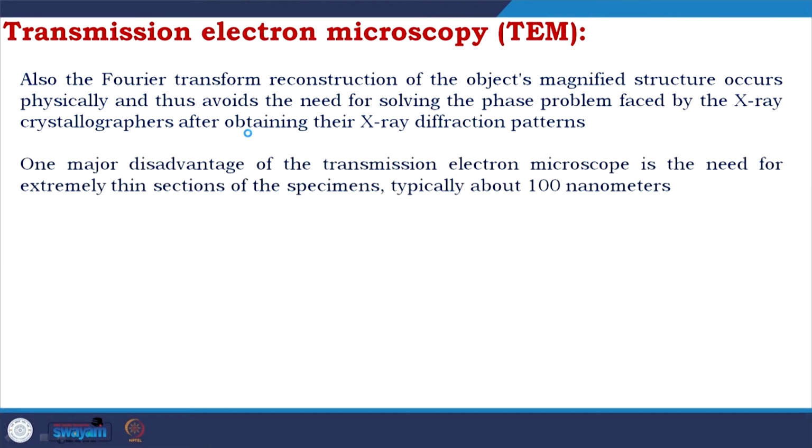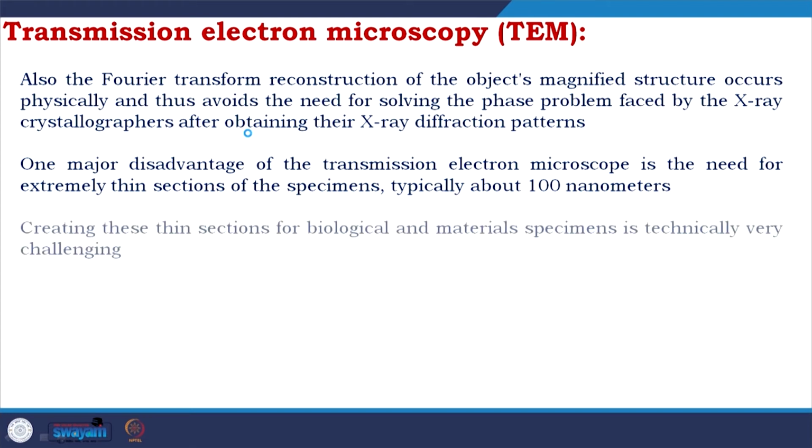One major disadvantage of the transmission electron microscope is the need for extremely thin sectioning of the specimen, typically about 100 nanometer. You have to do the sectioning. Creating these thin sections for biological and material specimens is technically very challenging.